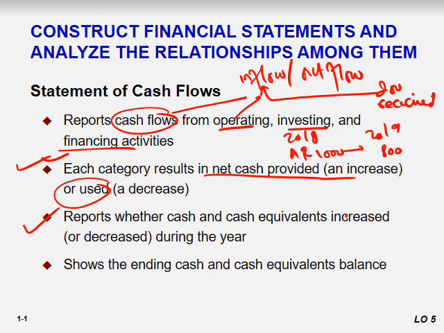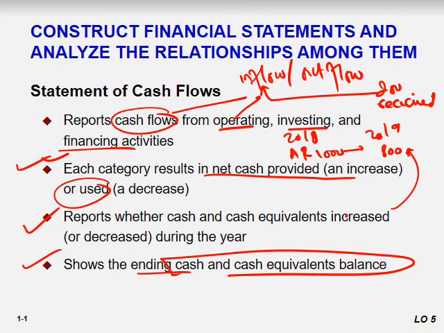So this is how we analyze that one. The third point is that it reports whether cash or cash equivalents increased during the year or not. So if cash increases or decreases, we'll just write down that this year cash has increased. Or it shows the ending balance of cash and cash equivalents, which comes from the balance sheet. So on the balance sheet there is a cash account.